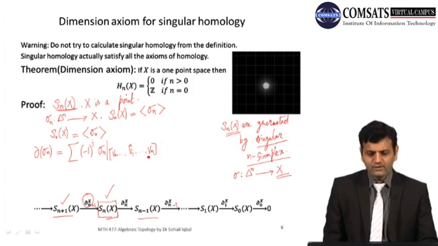And in the last lecture we also discussed that implicitly we are assuming some things here, because when we delete this vi, this is not really a standard n simplex.